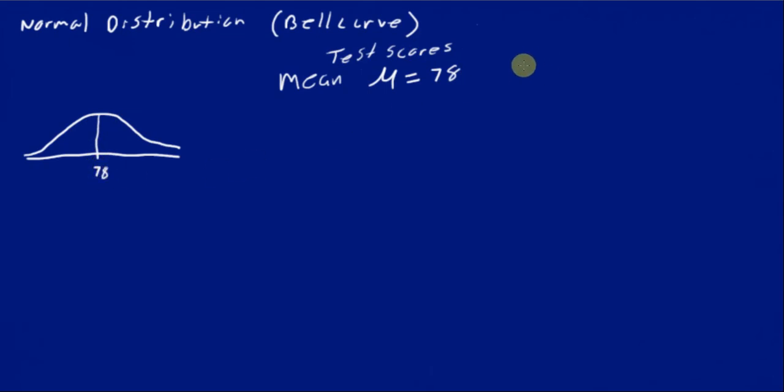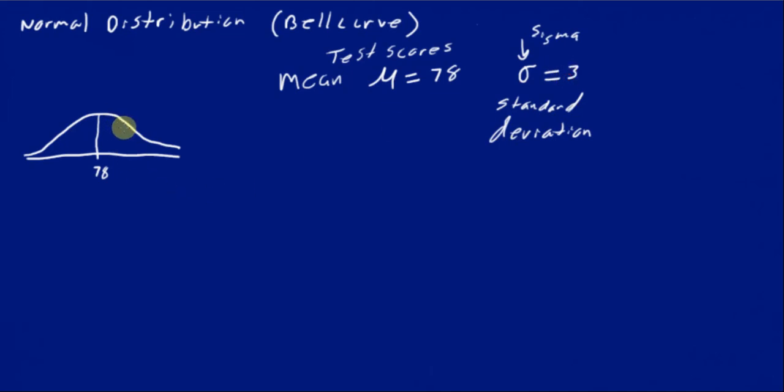And now we're going to talk about something that you've probably never heard of, which is sigma. And that would be the standard deviation. I'll say the standard deviation for this test was a 3.